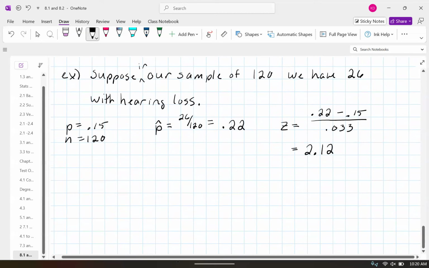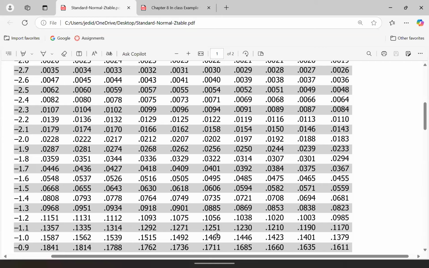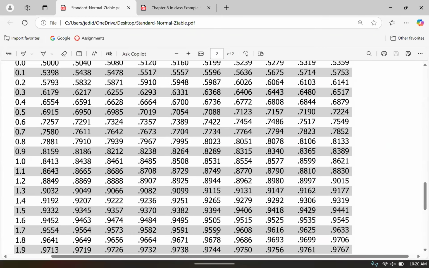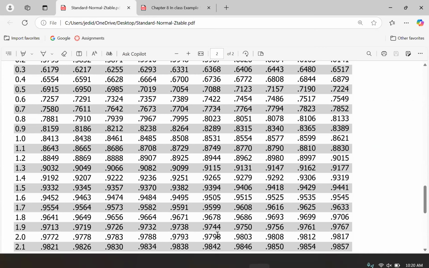Okay. So look up z equals 2.12. Our area to the left is here, 0.9830.